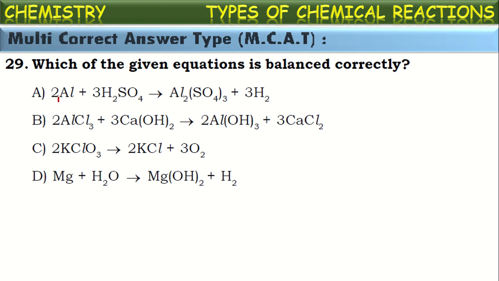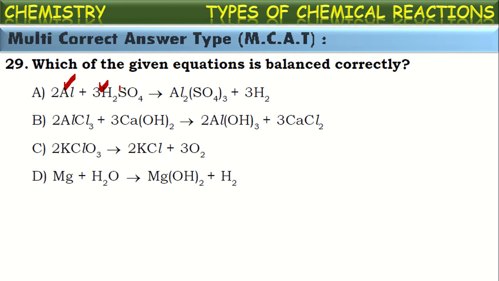The first one, there are two aluminum atoms, right hand side also two aluminiums. Hydrogens, if we count, in one molecule of sulfuric acid there are two hydrogens. Total three molecules are there, so the hydrogen atoms number becomes 6 here. So there are 6 hydrogens on the right hand side also. So aluminiums are balanced, hydrogens are balanced.